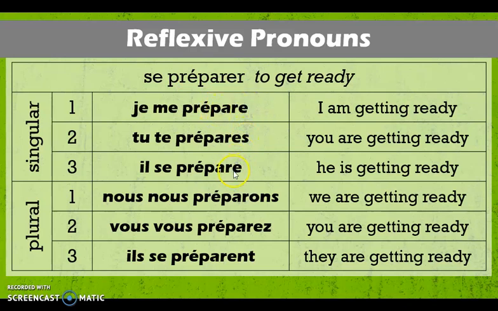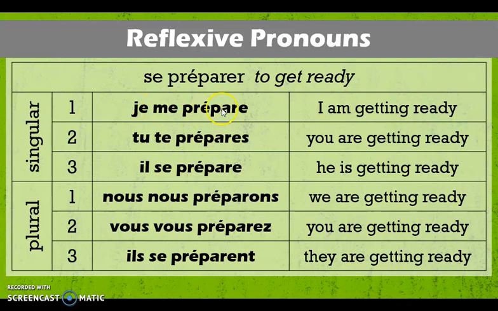E, es, e, ons, ez, ent. We prepare our stem the same way, that is by dropping the ER, and then our regular endings. So conjugating the verb is no different than conjugating a regular verb. The only difference is we are going to have these reflexive pronouns in front of the verb.